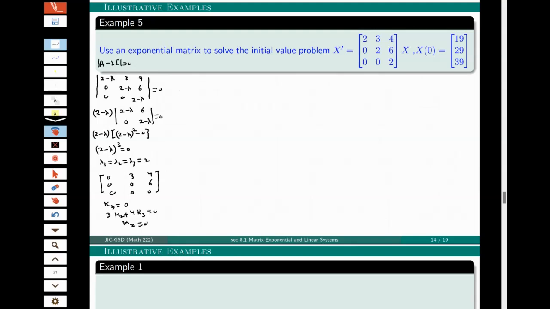So I will have only one eigenvector, which is K equal to 1, 0, 0, because K1 is a free entry. Okay, I have only one eigenvector.